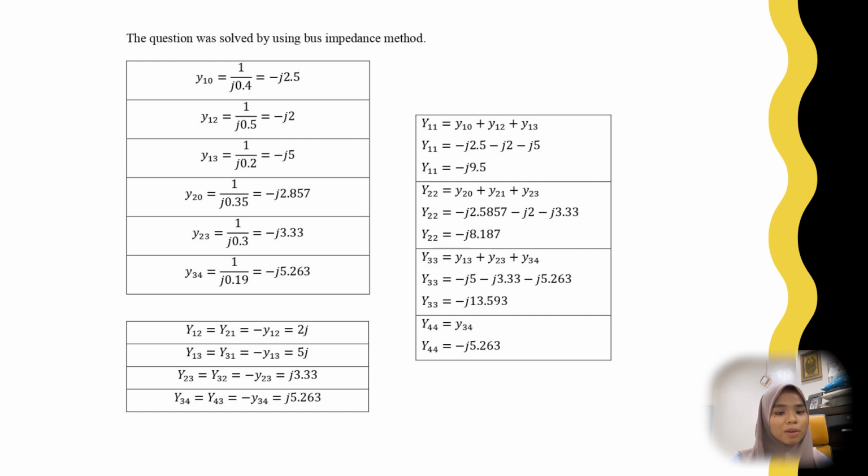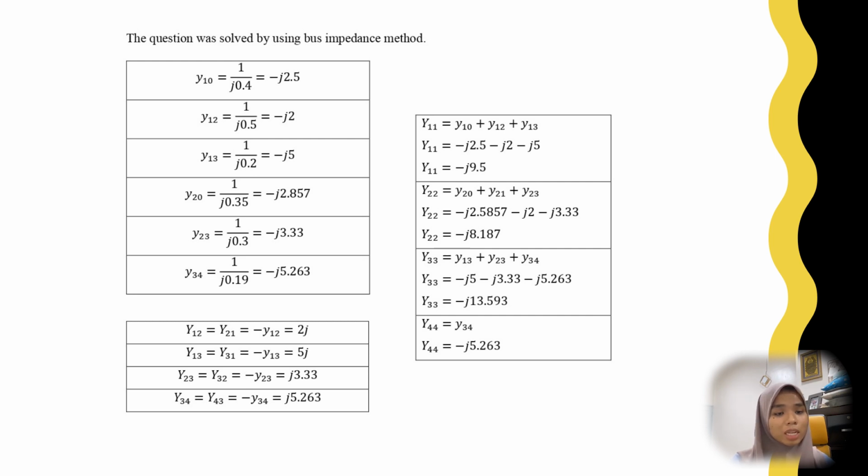Next, we can calculate Y11 by adding all the admittances connected to bus 1, which gives negative j9.5. For Y22 we get negative j8.187, Y33 we get negative j13.593, and Y44 is negative j5.263.